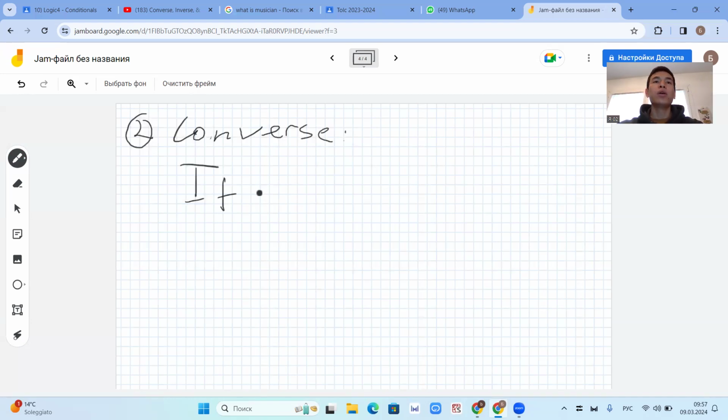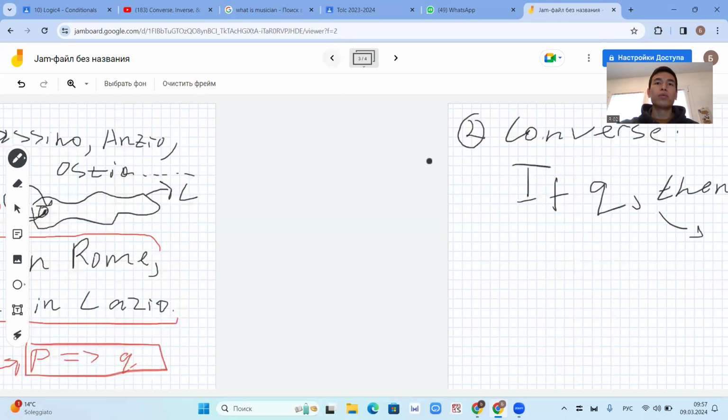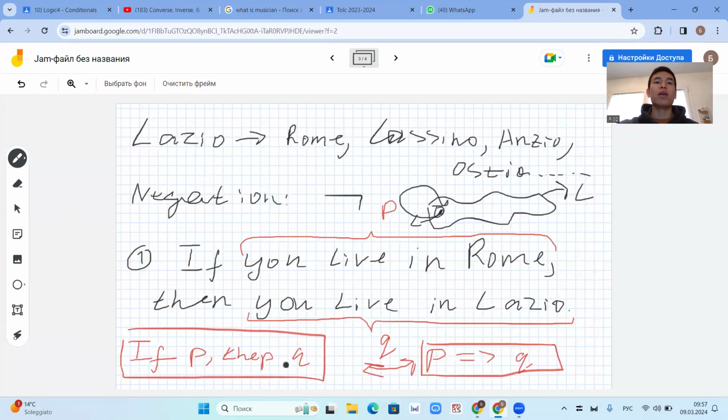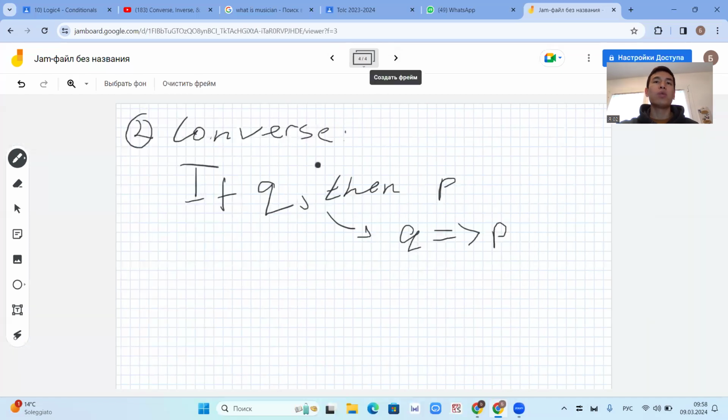Yeah, that's right. So we just swap P and Q. Before if, we write Q. So we can represent it as Q implies P. Okay, if Q, then P. There was if P, then Q, P implies Q, but here it's if Q, then P.